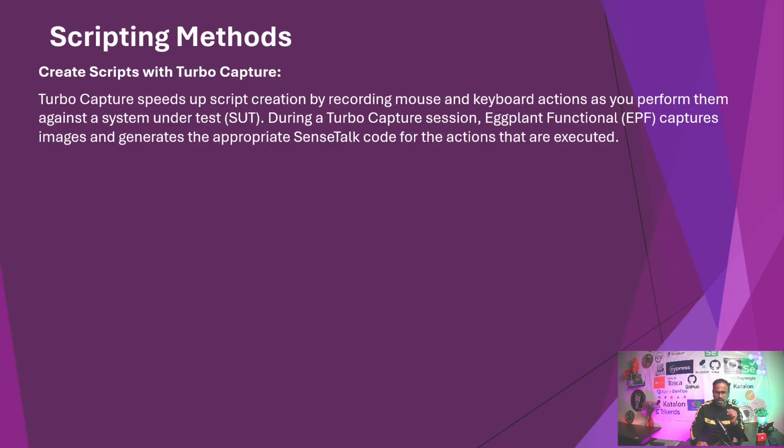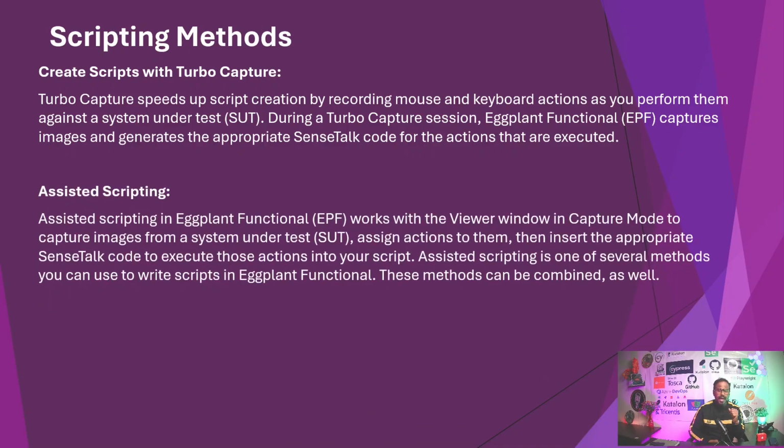That is turbo capture. Assisted scripting. So what do you mean by assisted scripting? Assisted scripting in Eggplant Functional works with the viewer window in capture mode to capture the images from a system under test, assign actions to them, then insert the appropriate SenseTalk code to execute those actions into your script.